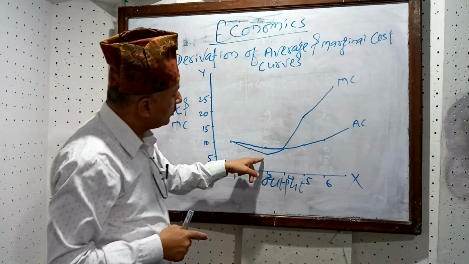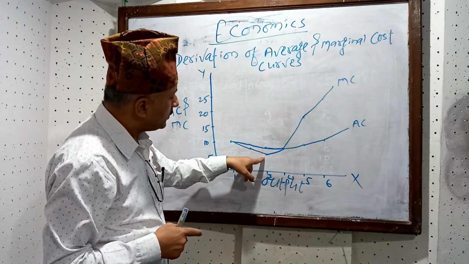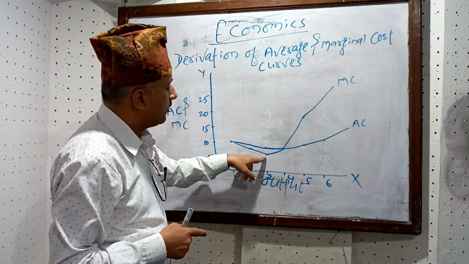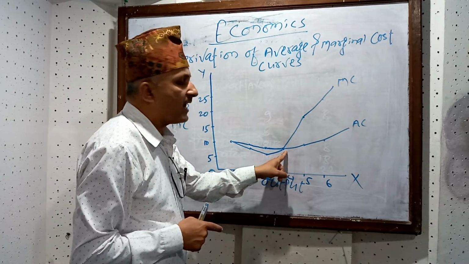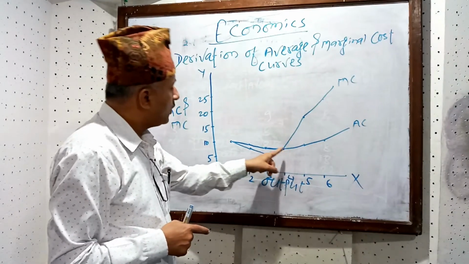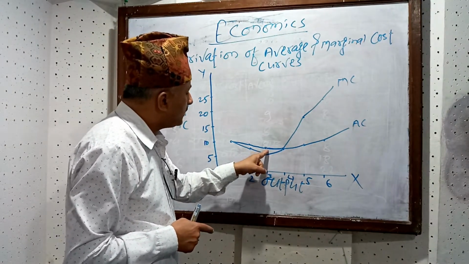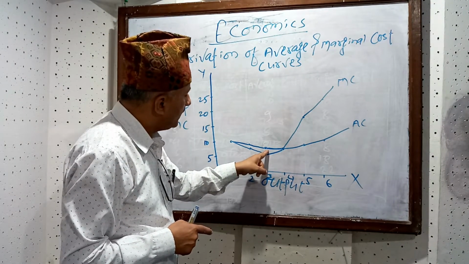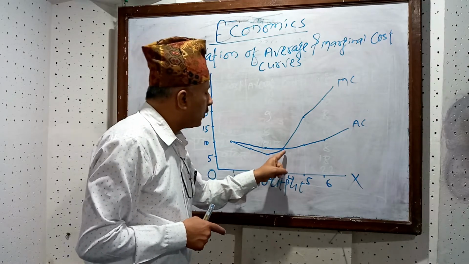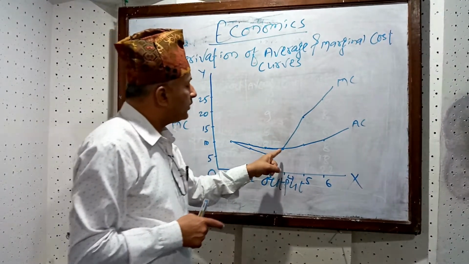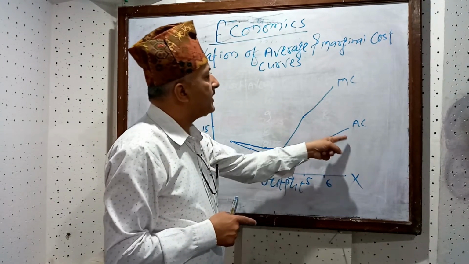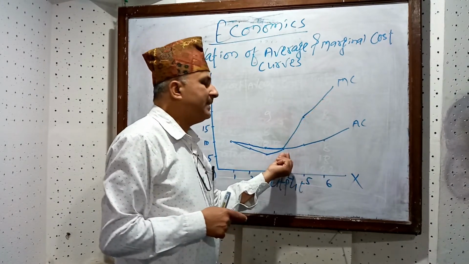Look here, up to the 3rd unit of output MC diminishes, but when the 4th unit is produced, MC starts increasing. But up to the 3rd unit of output, AC diminishes slowly. From the 3rd unit to the 4th unit, AC becomes constant, and when the 4th unit of output is produced, AC and MC both meet each other.